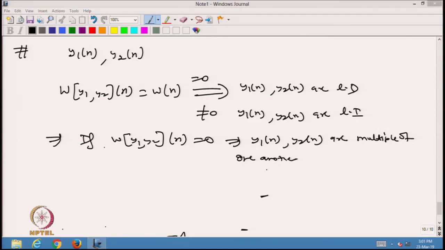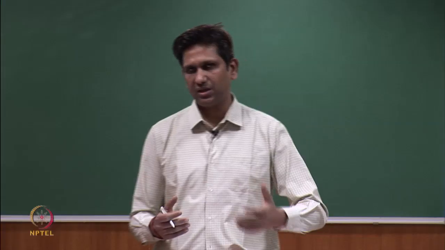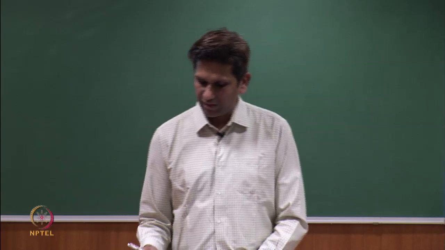That means I can write one function, say y2(x), as some constant multiple k times y1(x). This case will happen whenever we have similar or repeated roots of the characteristic equation, the auxiliary equation.